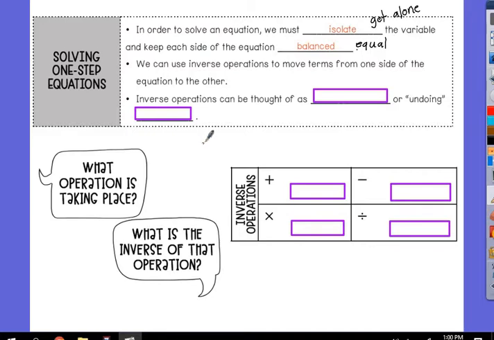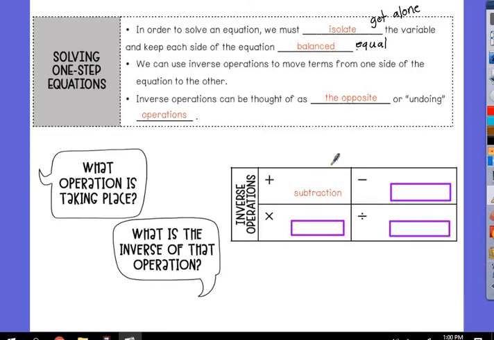Inverse operation can be thought of as the opposite or undoing operations. So inverse means the opposite. So looking at the inverse operations, what would be the inverse of addition be?